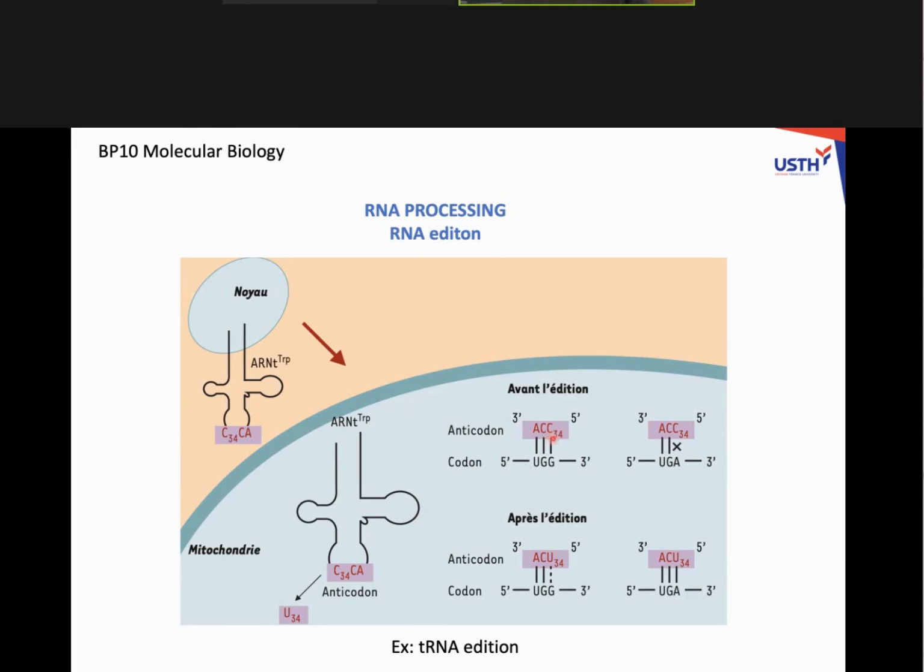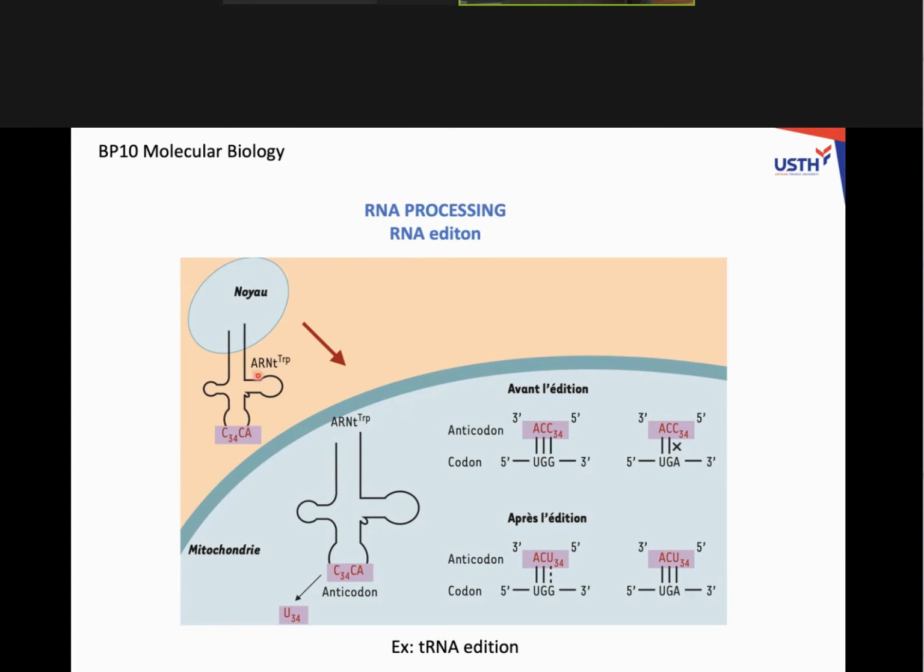So before edition, yes, we have to read it in the other way, okay? It's CCA. Before edition, the anticodon is CCA. You see the 34 is here, and the codon that is going to be read is GGU, okay, it's like that.